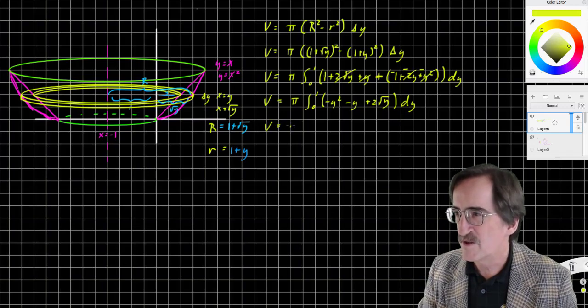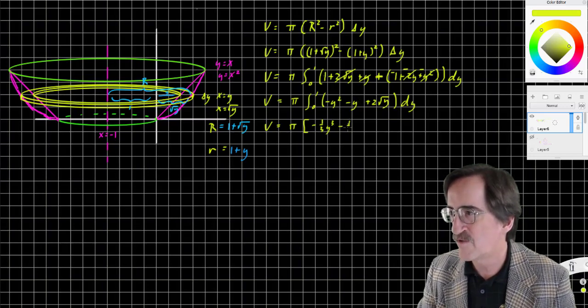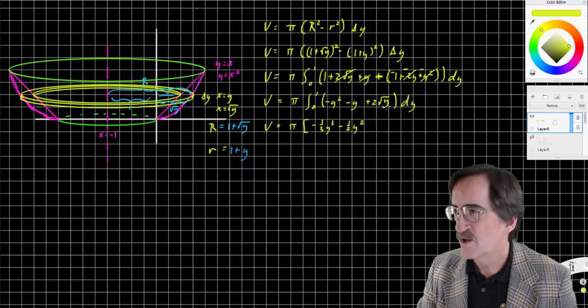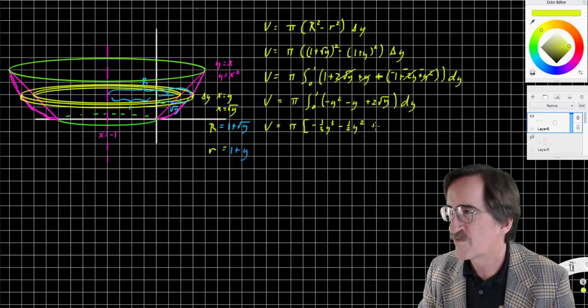So volume is pi times the integral. The integral of negative y squared is negative 1/3 y cubed. The integral of negative y is negative 1/2 y squared. The integral of 2 root y: root y is y to the 1/2, so it's y to the 3/2 divided by 3/2, which is 2/3, and 2/3 times 2 is 4/3.